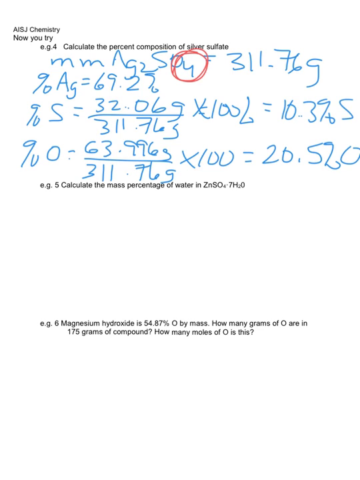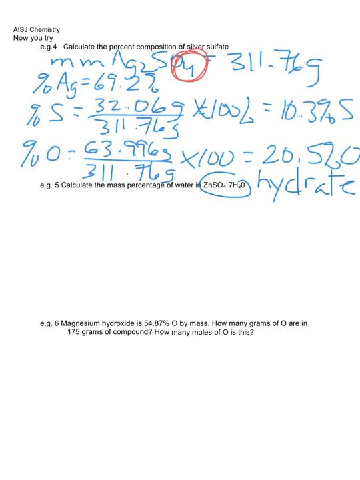Now let's look at the next example. Calculate the mass percentage of water in zinc sulfate. And this kind of a compound is called a hydrate. Right? So we have hydrated zinc sulfate.